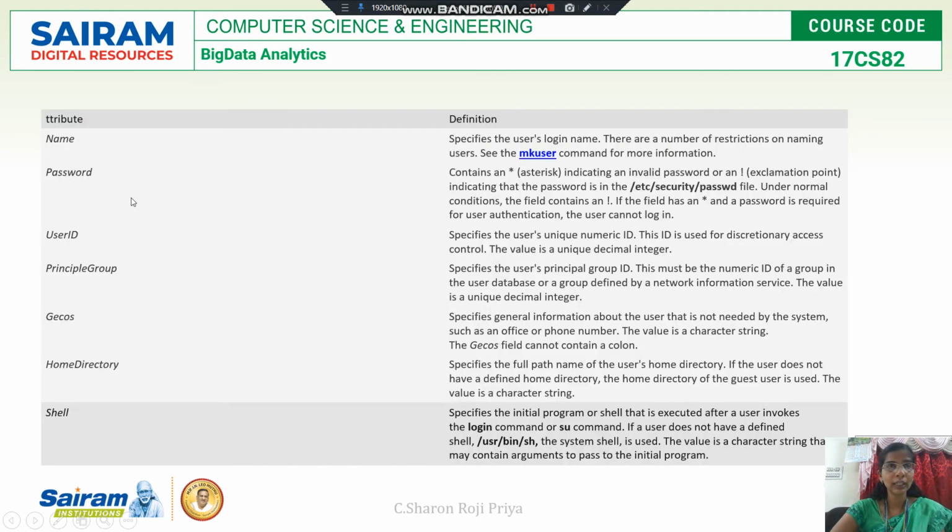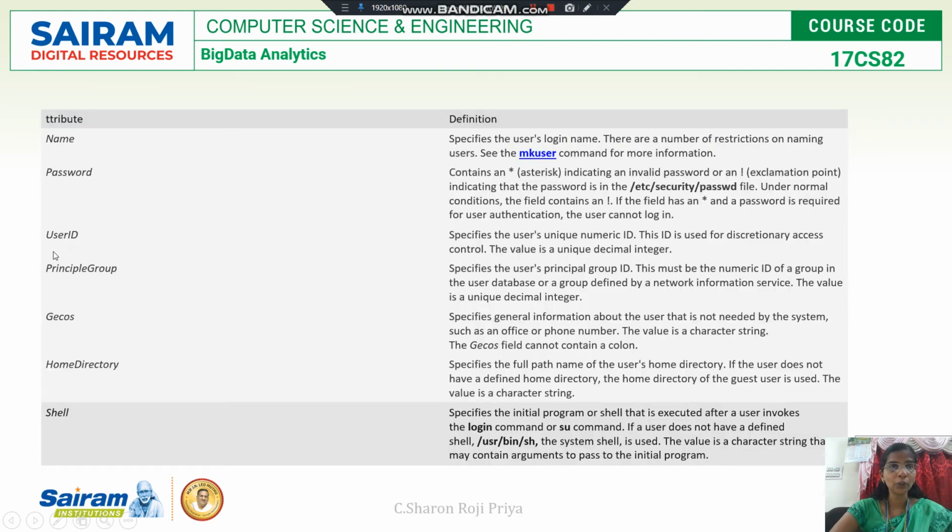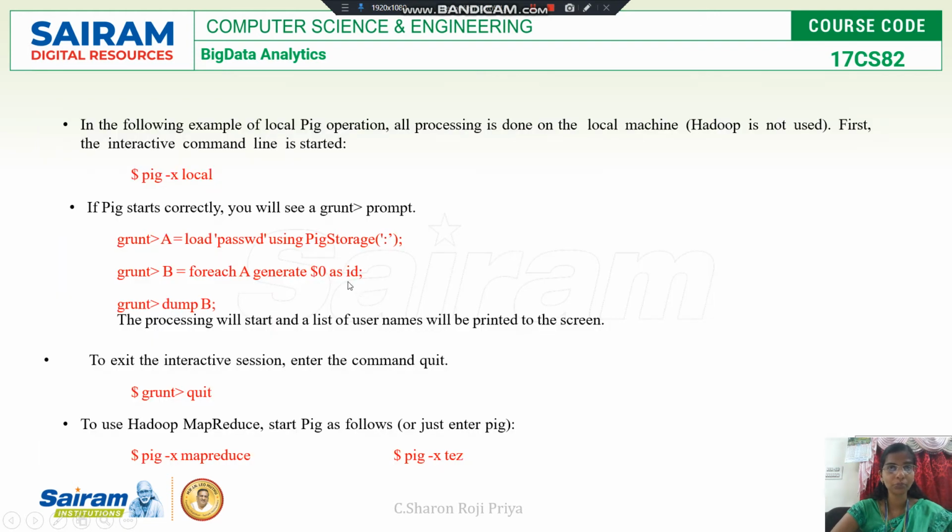If you want to extract the password, you use $1. If you want to extract user ID, it should be $2. Likewise you specify, and at last you can dump your answer to the screen, where it will be printed.